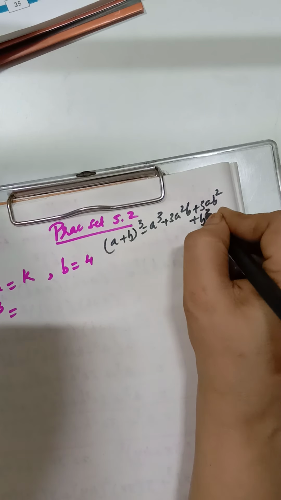Now if you add all these terms, children, you will get 140608. Okay, so the expansion of this is nothing but the expansion of 52 the whole cube.